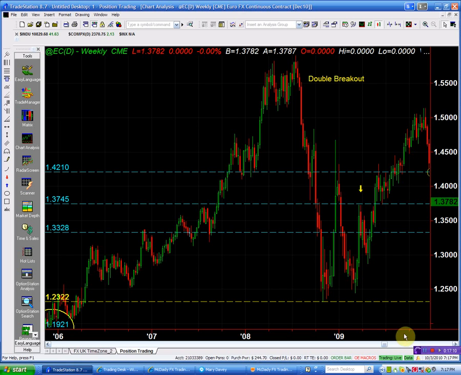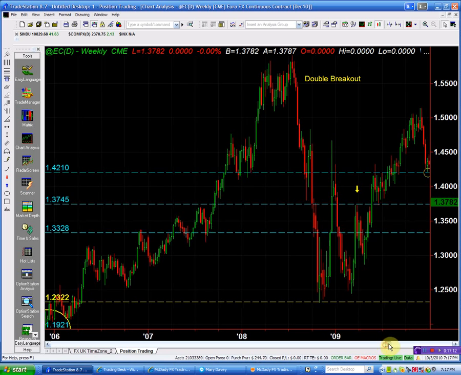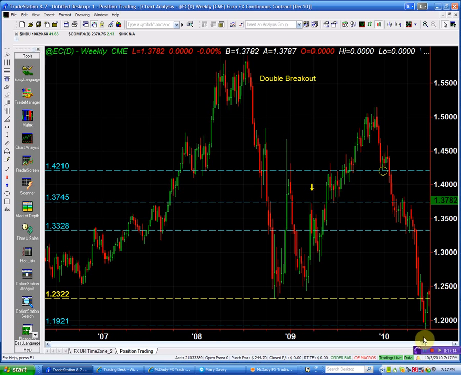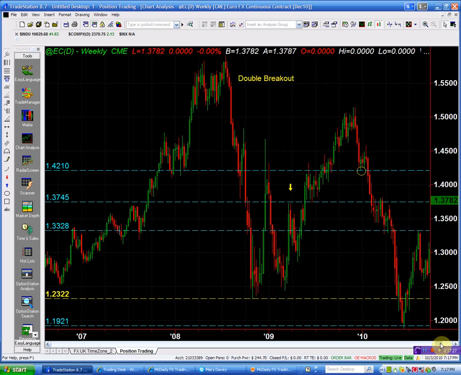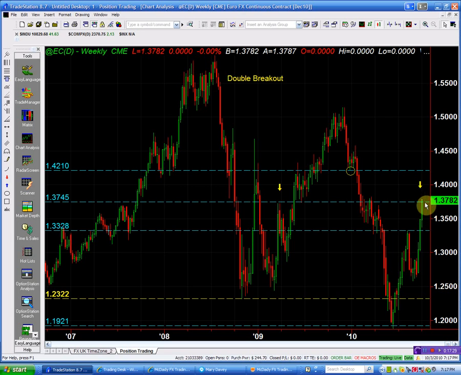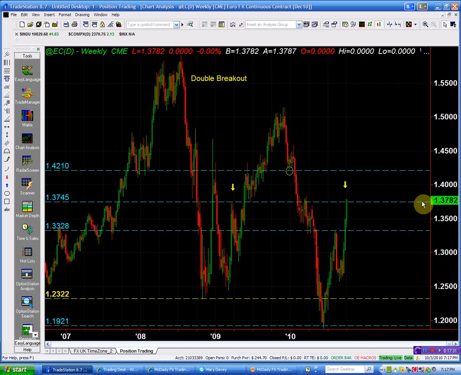That was the second time, and it was also the top of the failure when the big down leg started to the downside, and it is now the new structural point right here.